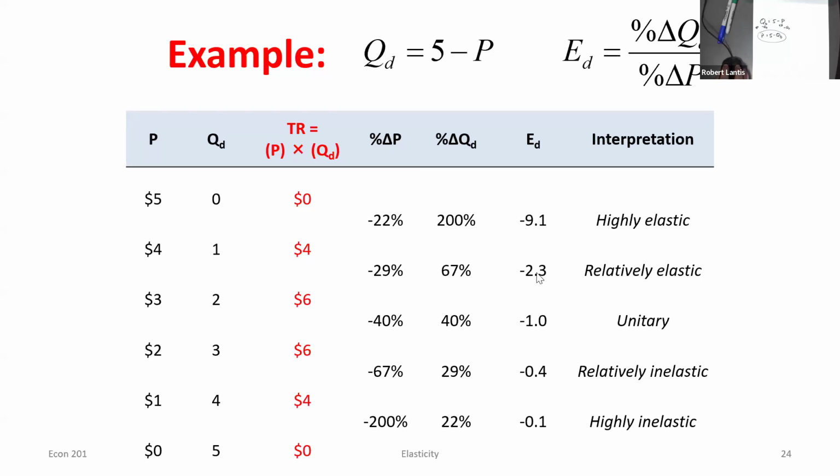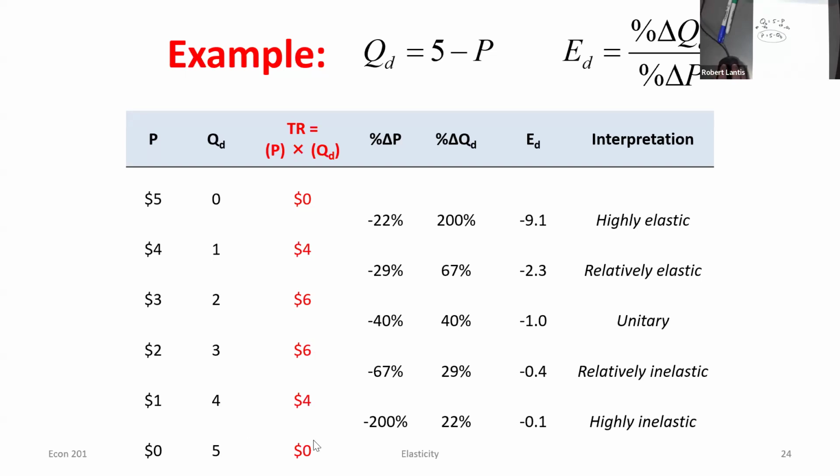Whenever demand is elastic, or above 1, by decreasing the price I'm increasing my total revenues. When demand is unit elastic, notice what happens if I change the price there. Total revenues actually stay exactly the same.